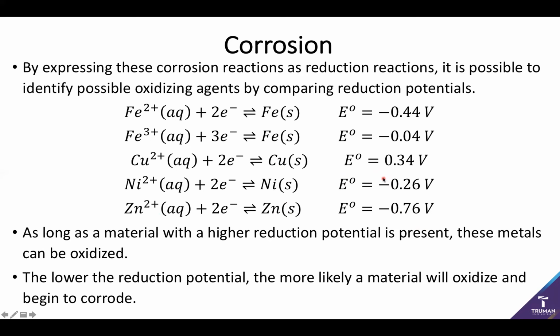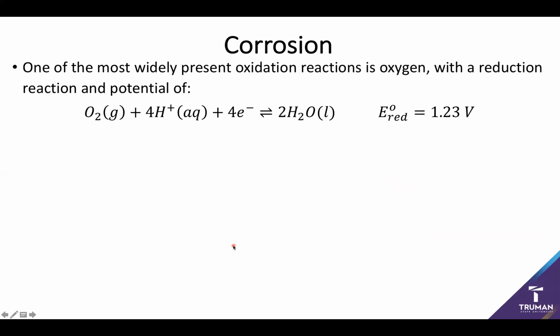So what sort of reduction reactions could end up stealing these electrons and driving the corrosion of metals? Well, it's called oxidation for a reason. One of the most common oxidizing agents is going to be oxygen. So oxygen has a fairly high reduction potential of 1.23 volts, as we've seen before.